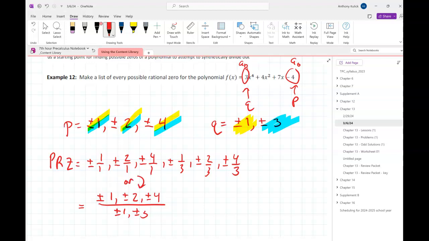Or you can just write the factors of p divided by the factors of q as one big fraction with commas in between. These two things mean the same thing. If I have 6 things in my p list and 6 things in my q list, that's 36 fractions to list, which is a pain. It's going to take up a lot of space and eat up a lot of time. We okay with how I came up with that list?